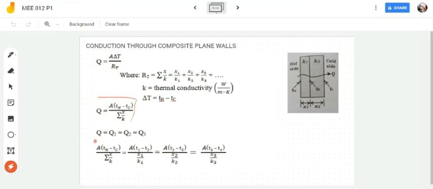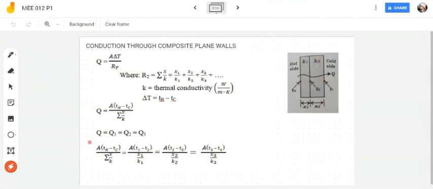From the composite wall, we have this formula: your Q is equal to A times T hot minus T cold over the summation of your X over K. For your wall 1, your Q1 is equal to A times T1 minus T2 over X1 over K1. For your wall 2, that is your area times T2 minus T3 over X2 over K2.